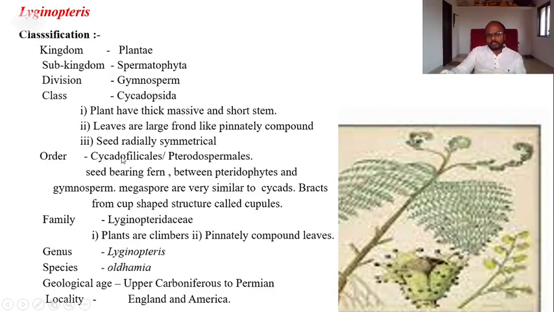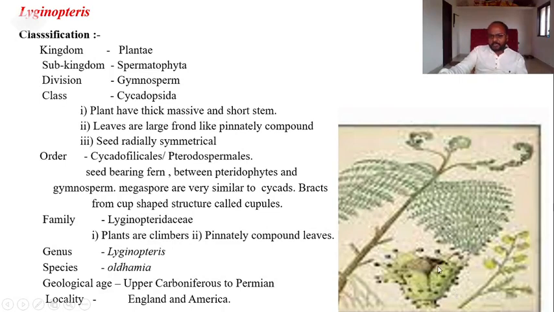So Cycado is a part of the gymnosperm and filicales is a part of the pteridophyte. It is also called Pteridospermales, because it is a seed-bearing fern and it is placed in between pteridophyte and gymnosperm. So the Lyginopteris is one transition group between the pteridophyte and gymnosperm.